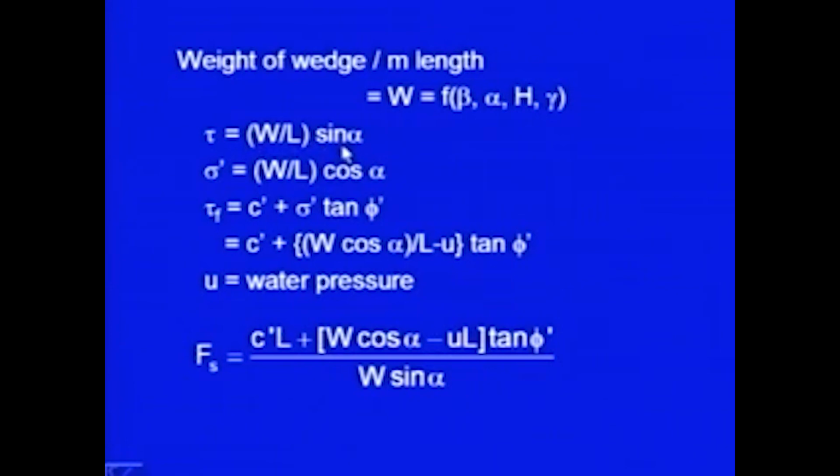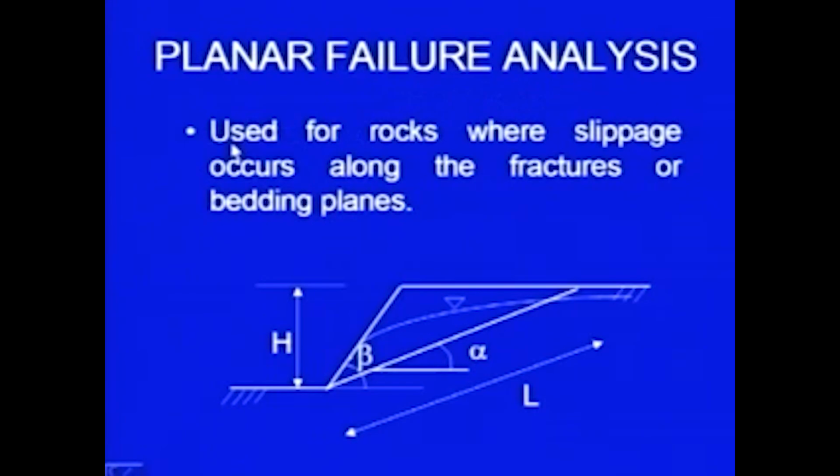Then we have to resolve these forces. Here it is the weight of the wedge, acting in the vertical direction. We are going to resolve it into two components as usual. One component will be perpendicular to the plane of sliding.